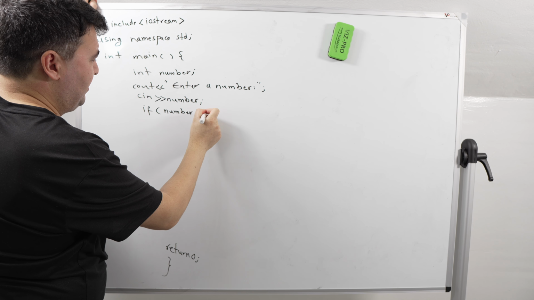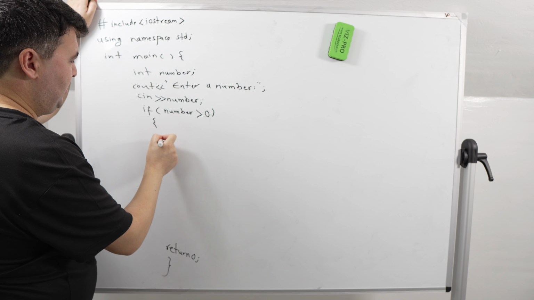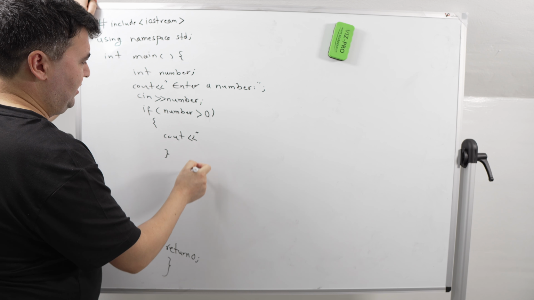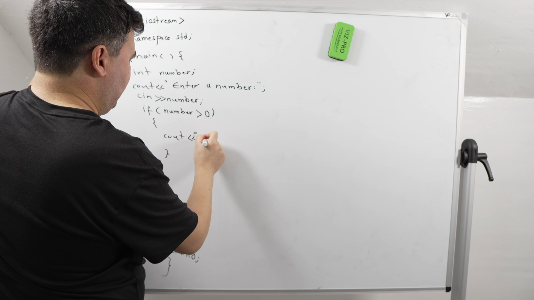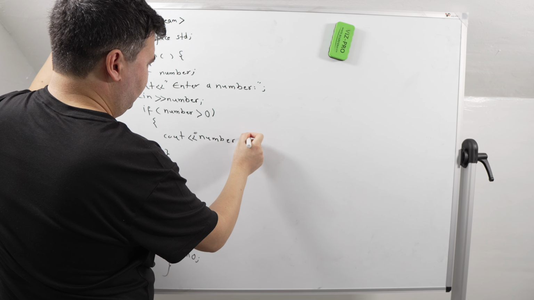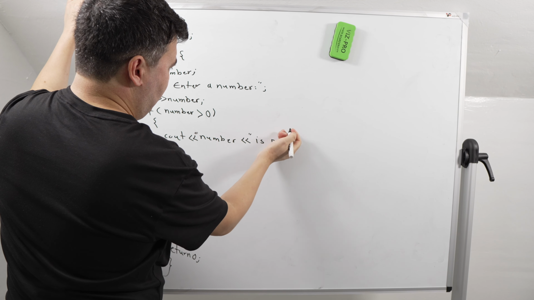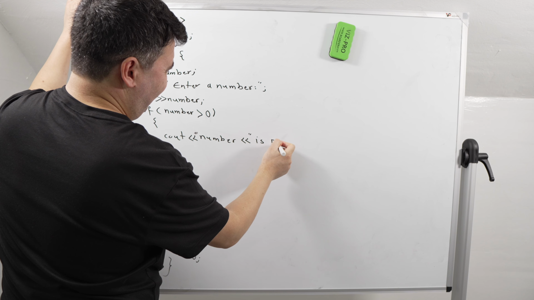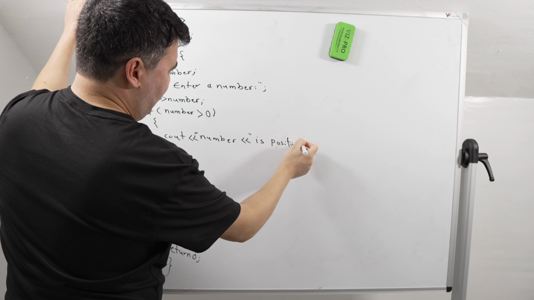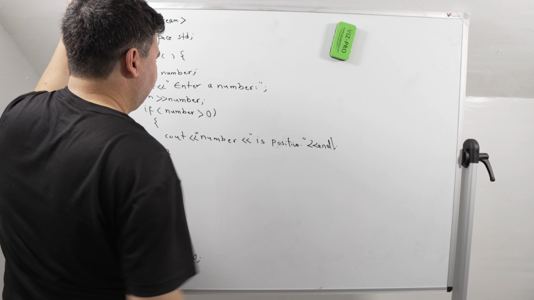Inside this block, we write cout, "Number is positive", with quotation marks, and then endl.